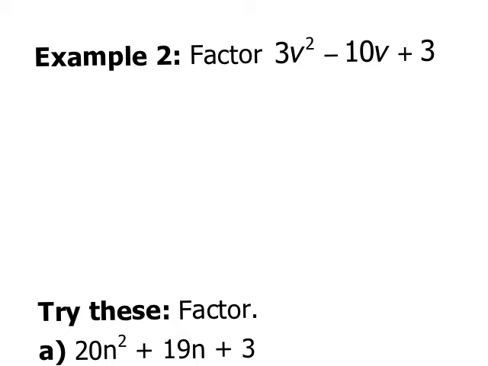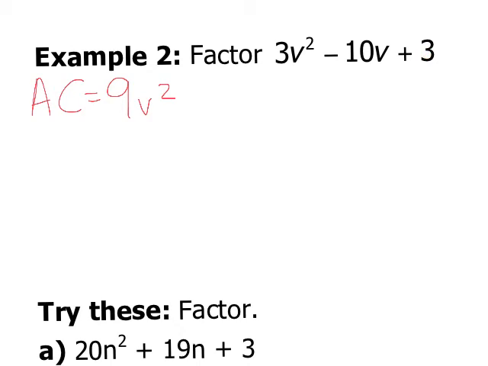So what is AC here? 3v squared is A, and 3 is C, so what is AC? 9v squared. So I take A times C, and I get 9v squared. So I want the factors of 9v squared.